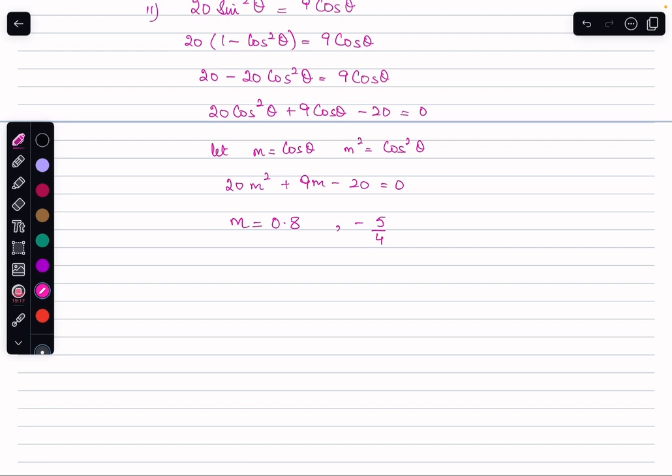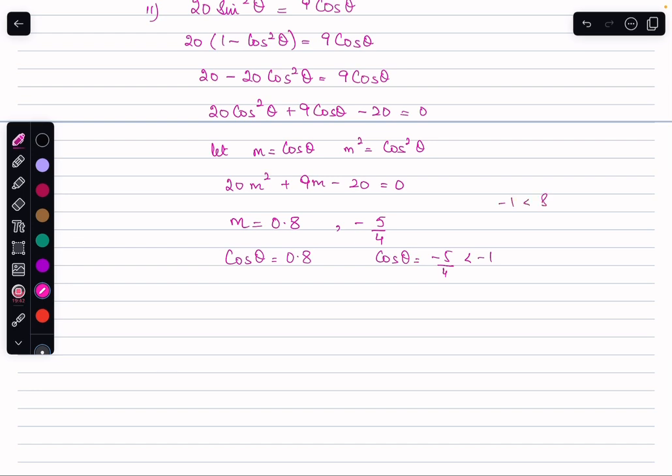M equals cos theta. Therefore, cos theta equals 0.8, and cos theta equals negative 5 by 4, which is less than negative 1.